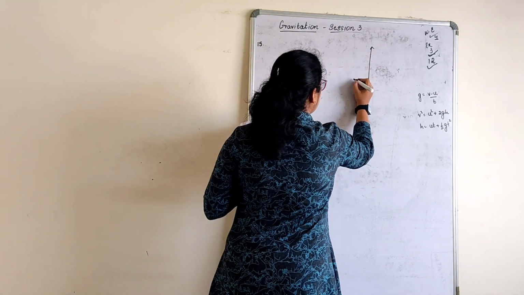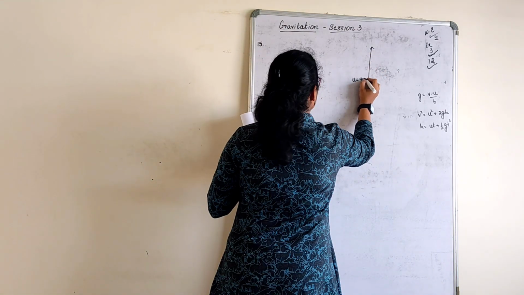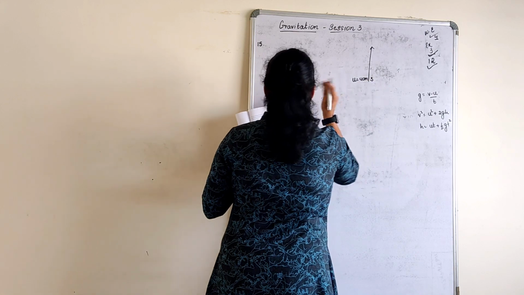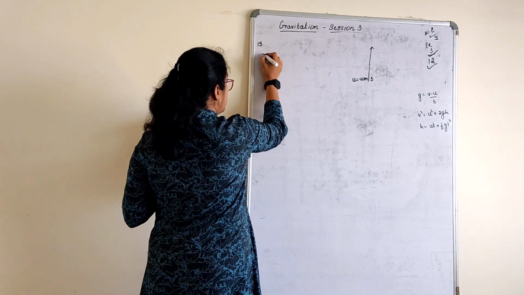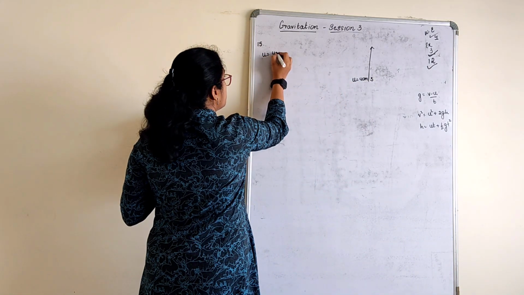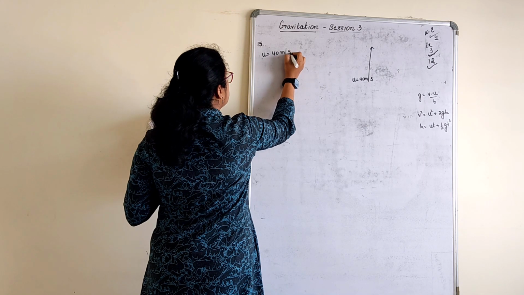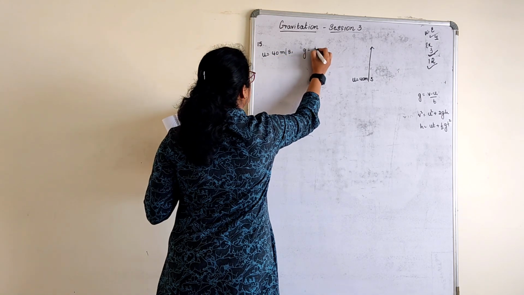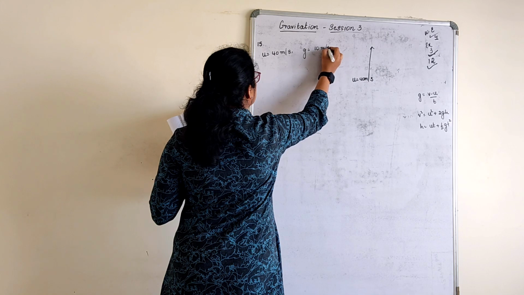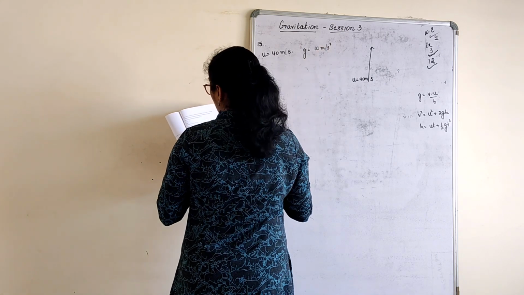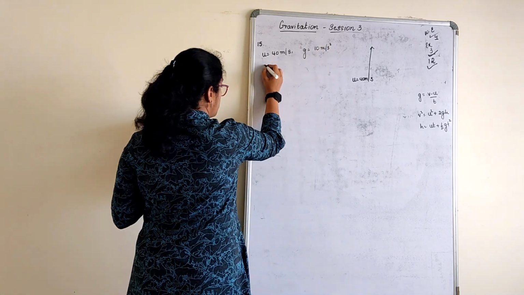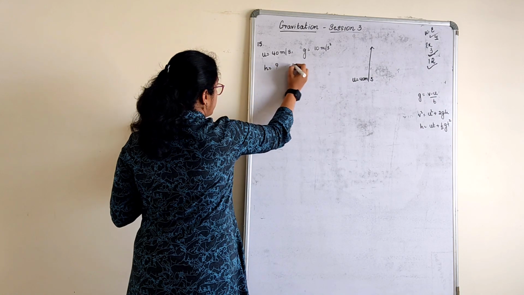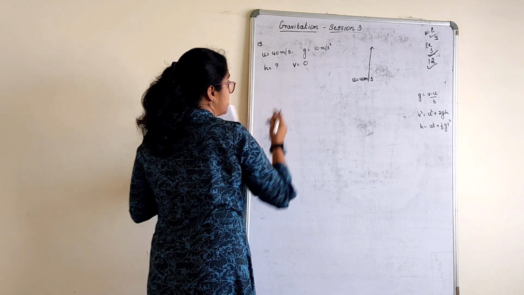They have already given you what to take as g here: u is equal to 40 meters per second, where g is 10 meters per second square. Find the maximum height reached by the stone. Maximum height reached by the stone means v is 0.